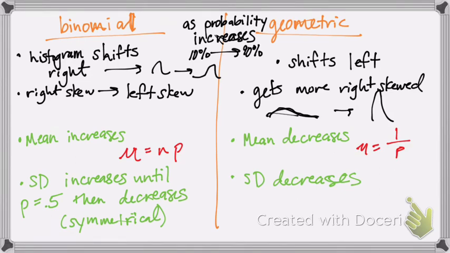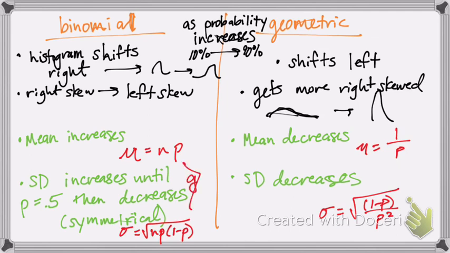For standard deviation, the formula for binomial is the square root of np(1 minus p). For standard deviation for geometric, it's the square root of (1 minus p) over p squared. If my p is increasing, my denominator is increasing, and that's causing the whole thing to get smaller. These two you are given. These two you must memorize.